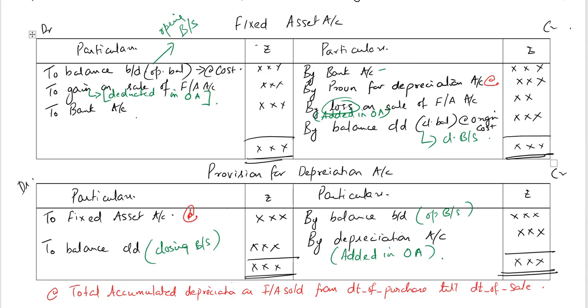Sale of fixed asset is to be shown as inflow in investing activities, and the purchase of fixed asset to be shown as outflow in investing activities. So this is the format for the preparation of the fixed asset account in the second method of charging depreciation, where depreciation is charged to the provision for depreciation account.